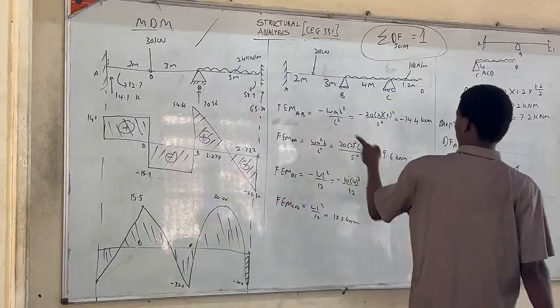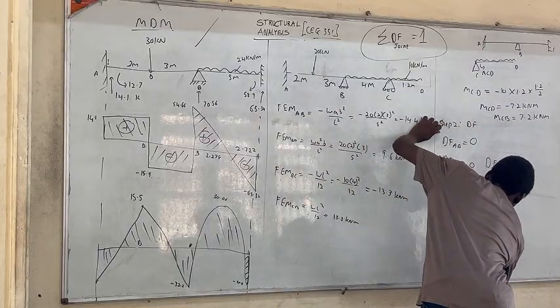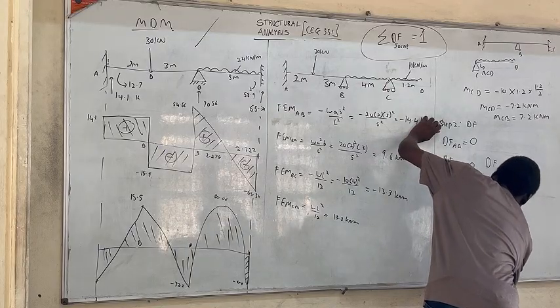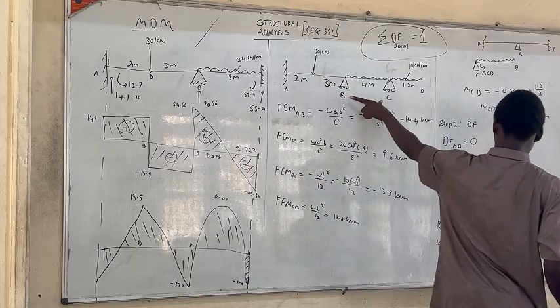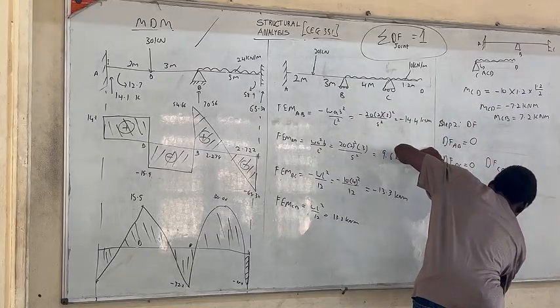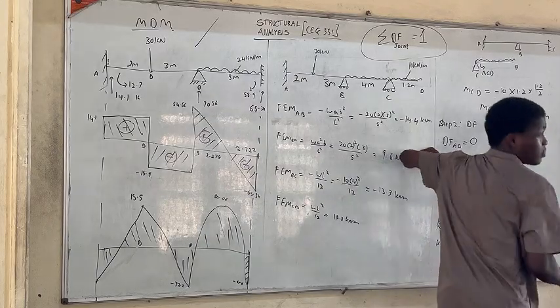What do you have here? 4 over, what's the length for me? 5. So 4 over 5. What's the length for this? 4. So 3 over 4. 7.5.